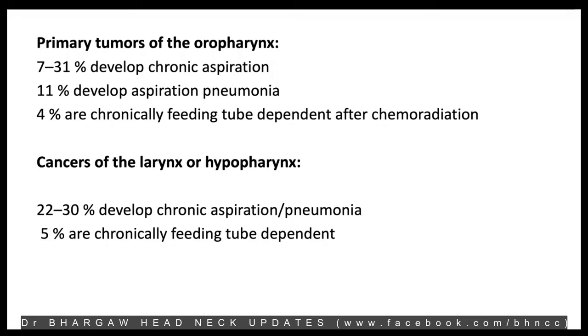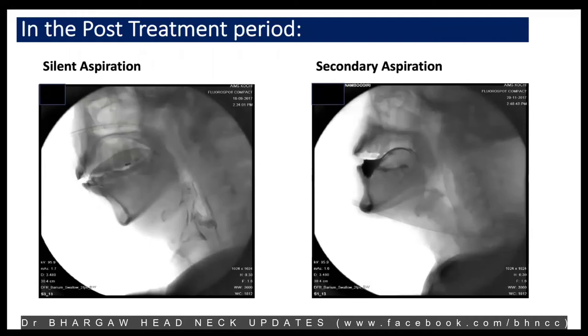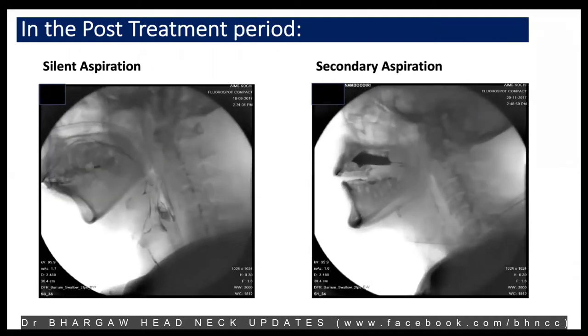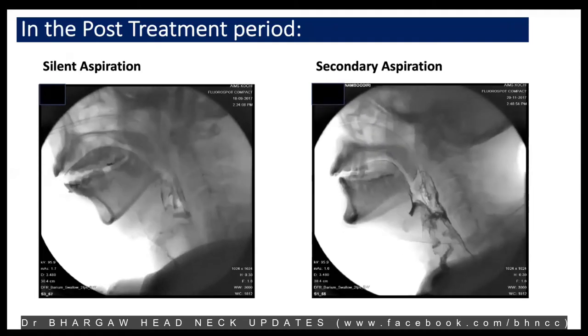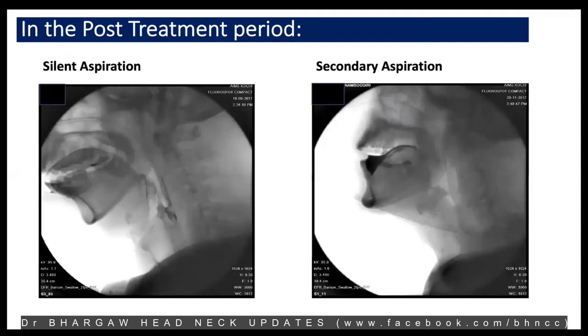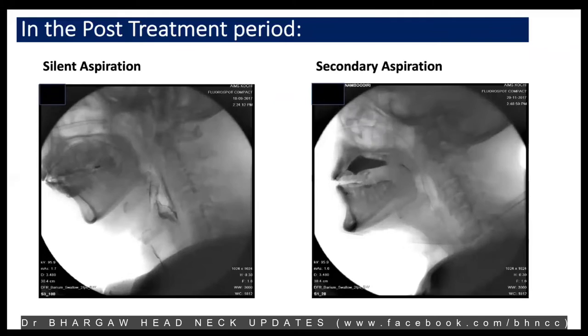These people really need a lot of help, a lot of motivation, and a lot of input from our side to get back to their normal life and not regret having had the treatment they had for their cancer. What we want to avoid is these two, whether in the ward or in the OPD. On the left side of the screen is silent aspiration, and the image on the other side is secondary aspiration.